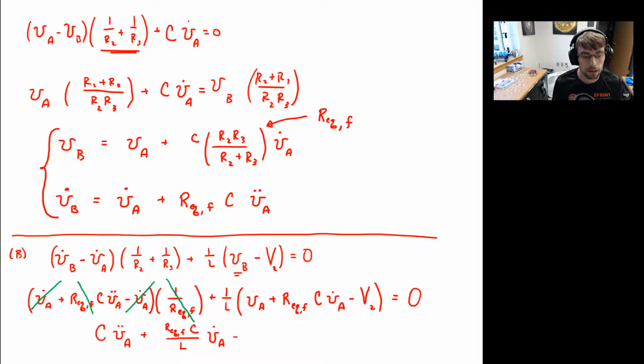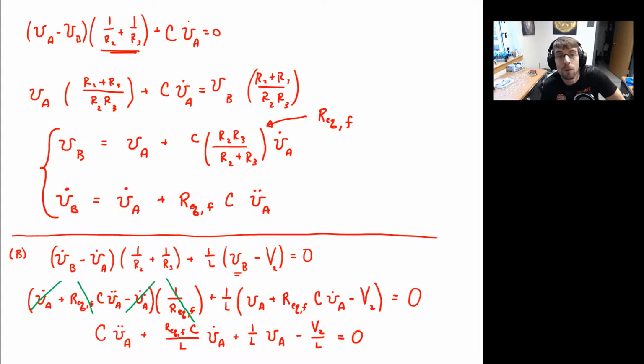Then I have plus 1 over L VA, and then I have this minus V2 over L equals 0. And there is the differential equation that I now need to solve.